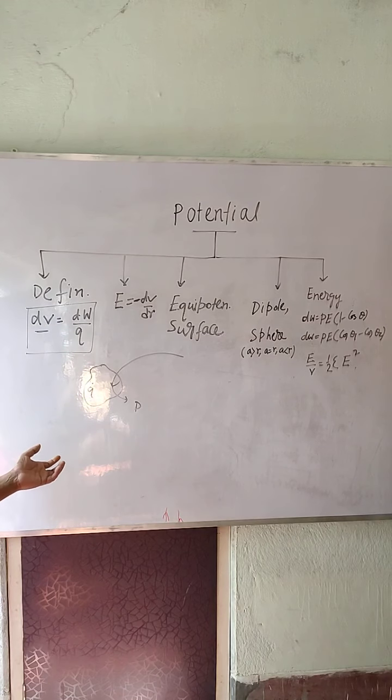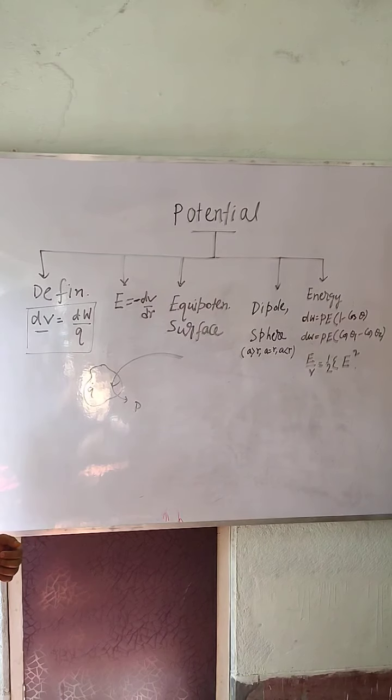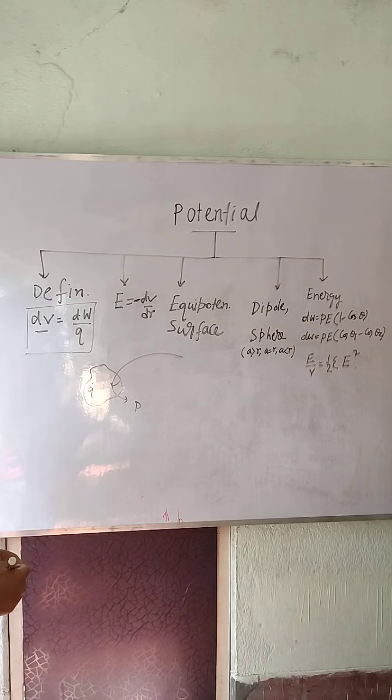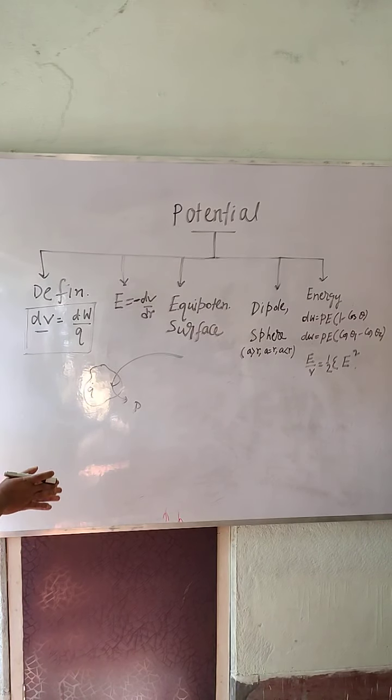And here the reference level is infinity. So we are calculating the difference between the potential at infinity and at that particular point.